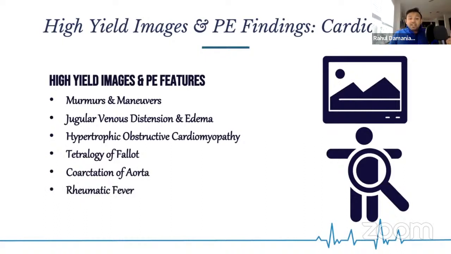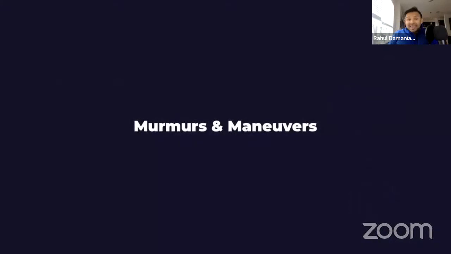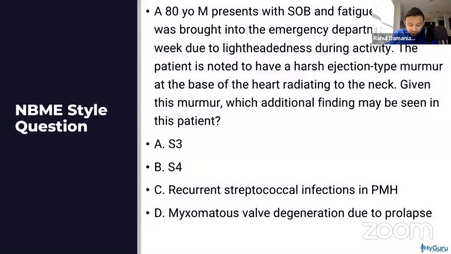We're going to also be talking about rheumatic fever and how rheumatic fever causes you to have a pancarditis. And then finally, we will be going through bacterial endocarditis and the various physical exam features you will see. So let's go ahead and get started with our first topic today, and that is covering murmurs and maneuvers.